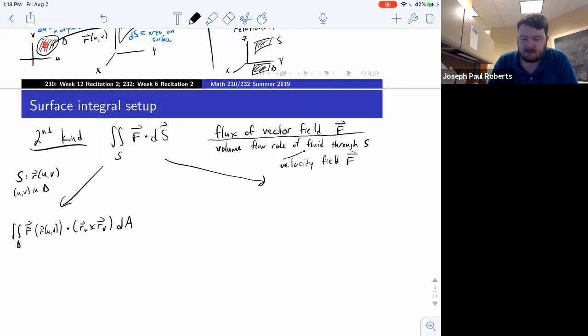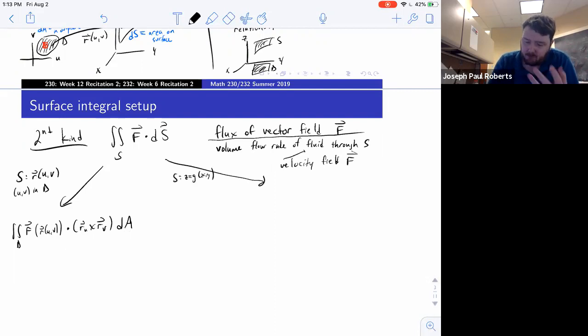And so again, this dS vector is a vector quantity. So we haven't taken the length of this cross product in this situation. And we leave it as a vector, and then we do the dot product with our vector field F.